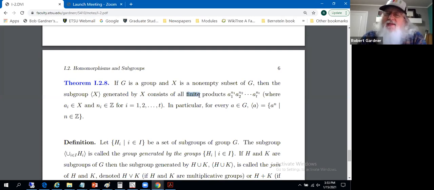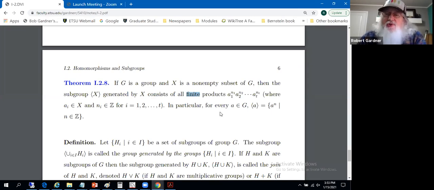Infinite products don't make any sense unless we can do something with limits, and a group just doesn't have enough structure to do that. The group generated by X consists of all finite products, a sub 1 to the n sub 1 power, a sub 2 to the n sub 2 power, up through a sub t to the n sub t power. The a sub i are chosen as set elements, the n sub i are integers, and t is some positive integer itself.